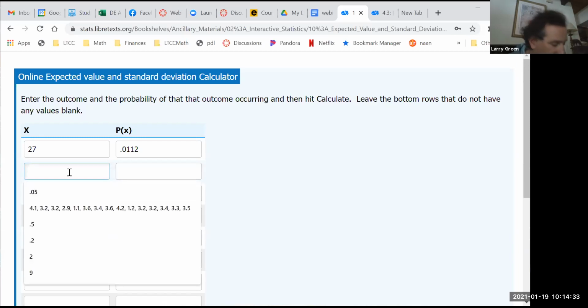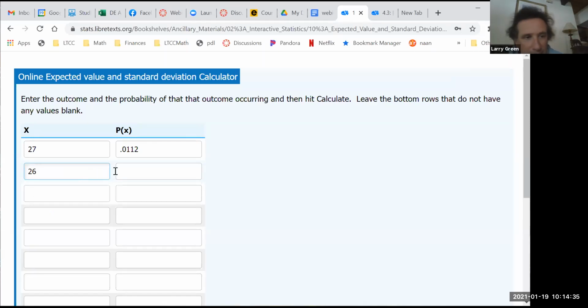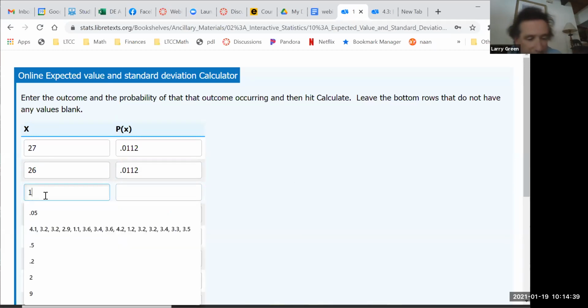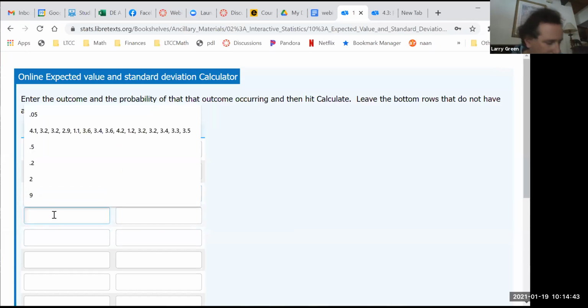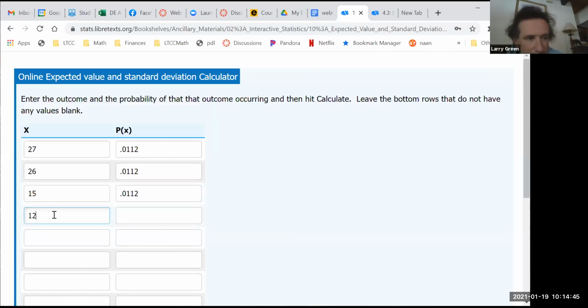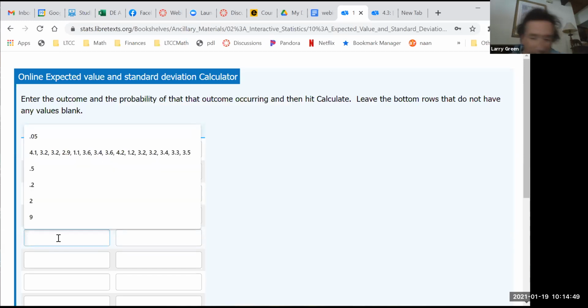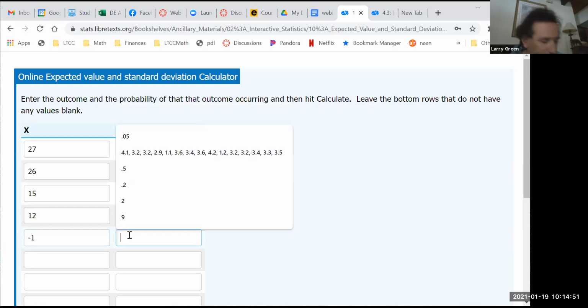Okay, and then the next one was 26. Same probability. And then 15. Same probability. And then 12. Same probability. And then -1. And that probability was 0.9552.